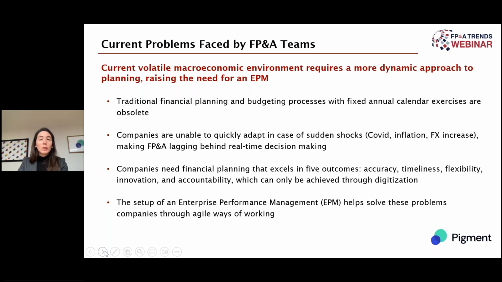And the enabler, in our view, is really technology or automation, however you want to call it, in order to make all your business stakeholders accountable for their inputs, but ultimately also accountable for their team budgets. And finally, as a consequence, this calls for the need for what we call an EPM, an enterprise performance management system, and that's what we highlight in the next few slides.